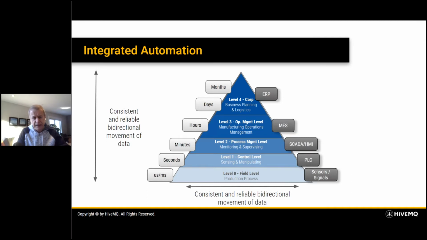I would submit that the way you do that needs to be consistent, both within the levels and between the levels. From an architecture point of view, this is where people are thinking about what technology to put in place to be able to do this.